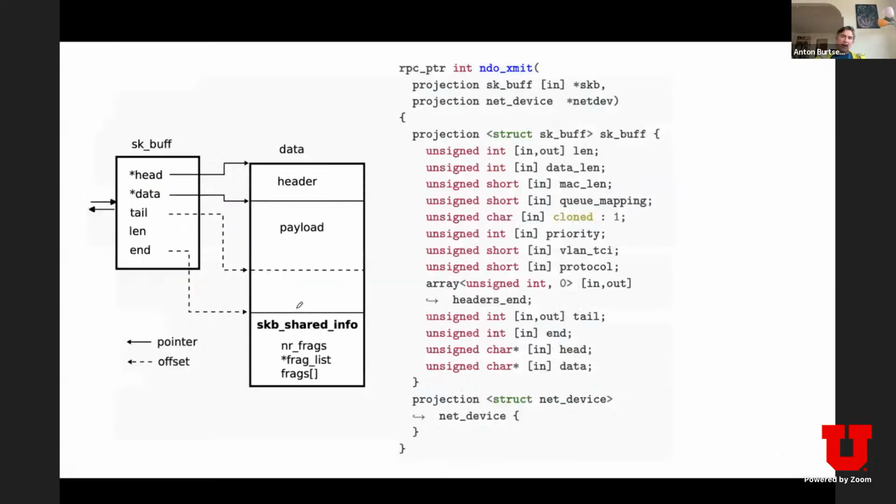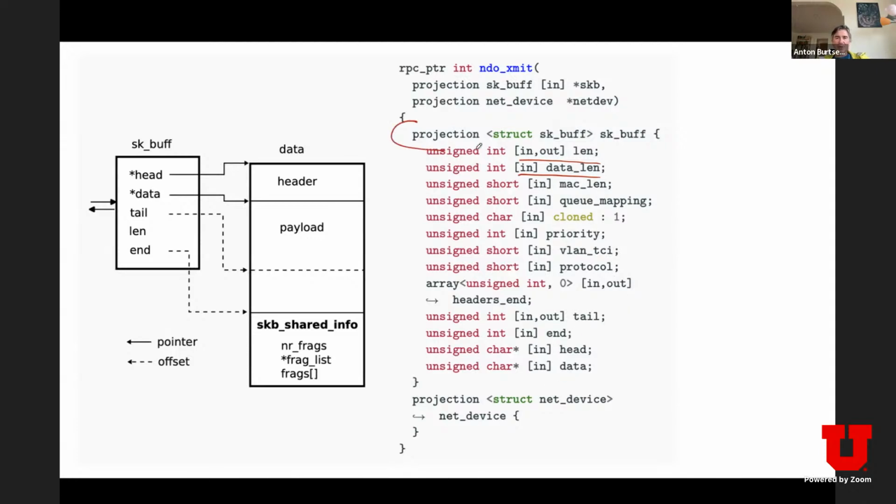If you take a look at a specific IDL example for this function, ndo_start_xmit, which transmits network packets, some fields like this len are synchronized in and out. This is only synchronized one way, in the in direction, and we don't have a single one which is synchronized only on out. But you see how it works.